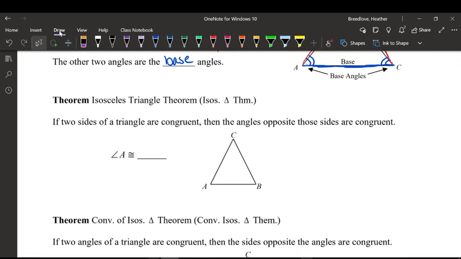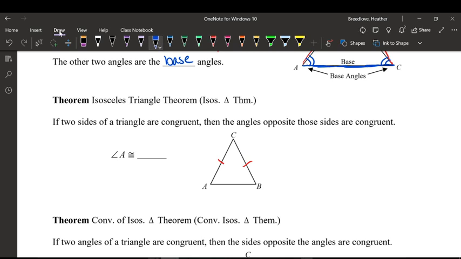If two sides of a triangle are congruent, then the angles opposite those sides are congruent. All right, so here we have, if these are the legs, if those are marked congruent, this says that the two sides opposite the angle.